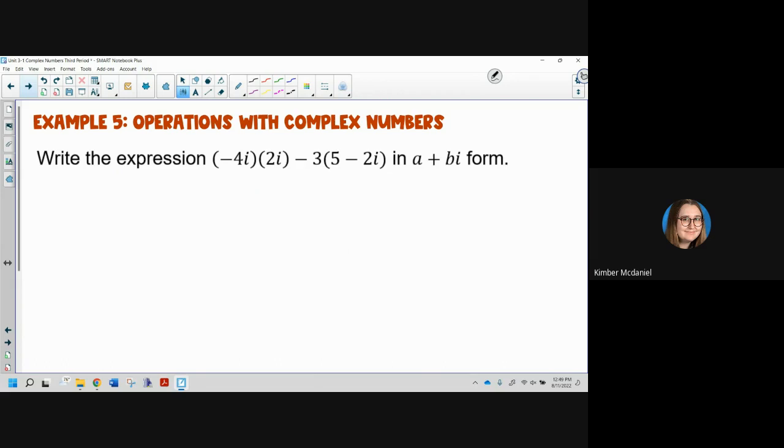Again, the way that I do these is I start by distributing anything that has to be distributed. So we're going to multiply the -4i times the 2i, and then we're going to multiply the -3 by each of the terms in our parentheses.